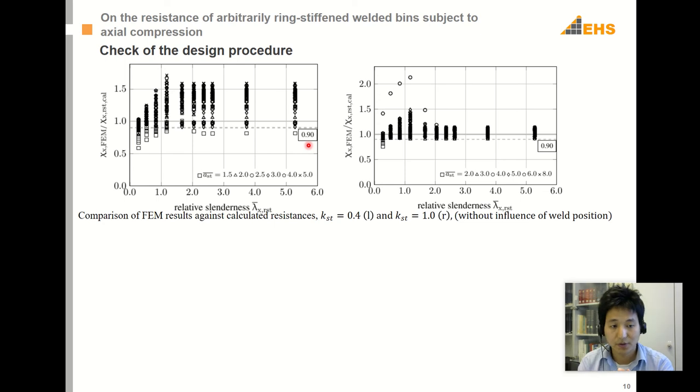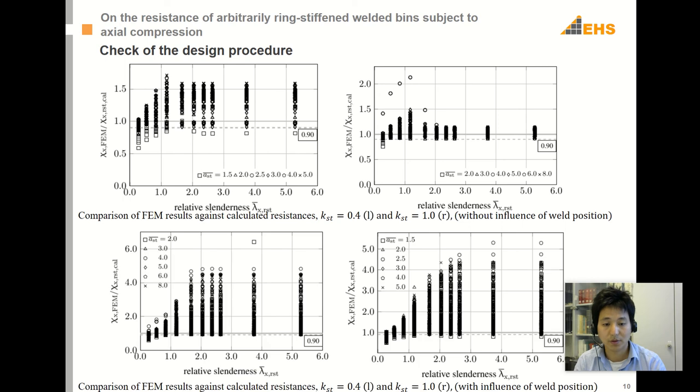And from this diagram, we can find that at relatively large slenderness, most results are not very conservative. This is maybe due to the consideration of all imperfection cases, and if we consider more parameter combinations, the results have a larger scatter.